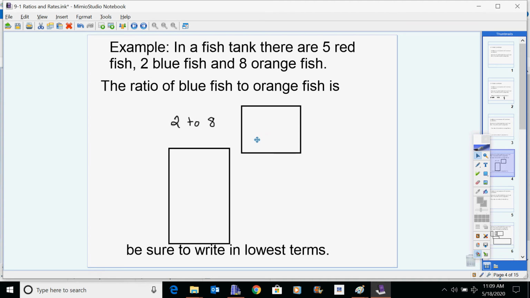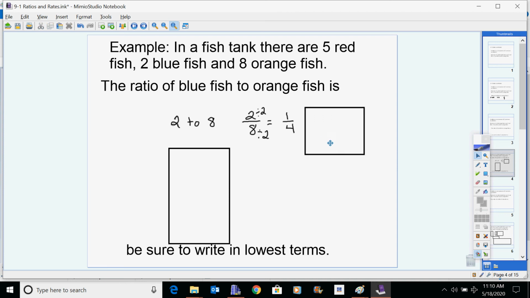But the thing is, that's not in lowest terms. If I write out the 2 over 8 as a fraction, that's the easiest way for you to see, oh yeah, I need to reduce that. 2 goes into numerator and denominator, so you can divide numerator and denominator by 2 and get your lowest terms of 1/4.